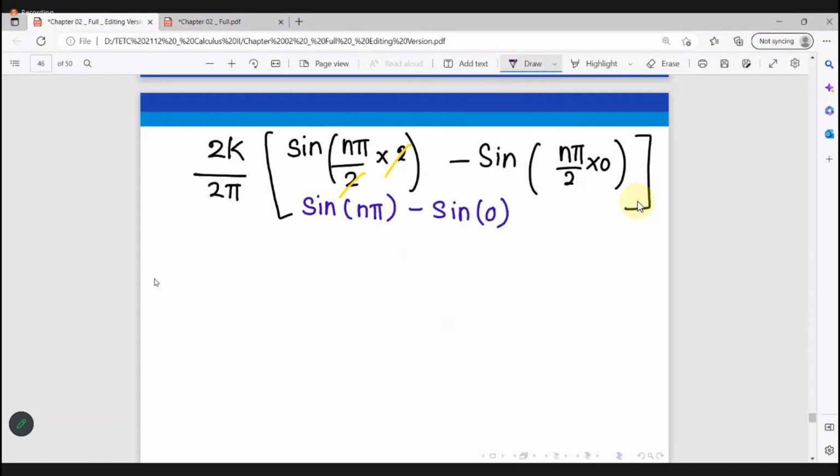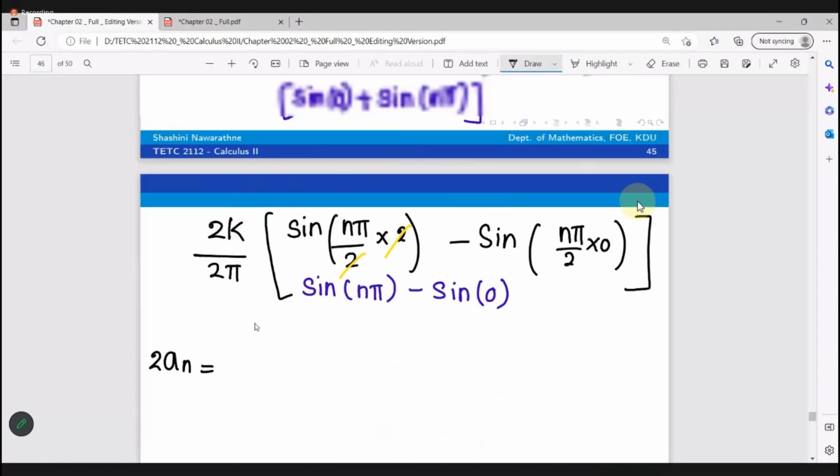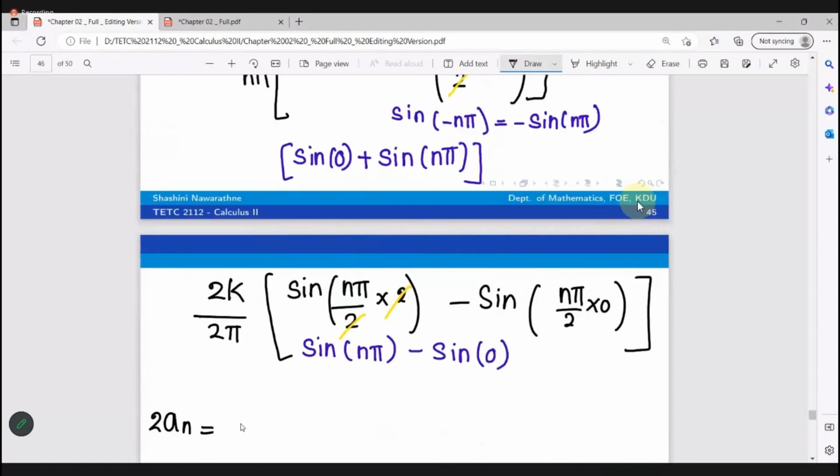So let's combine all the results together. So we have obtained 2 times an is equals to minus 2k over n phi. Here it is n phi, not 2 phi.